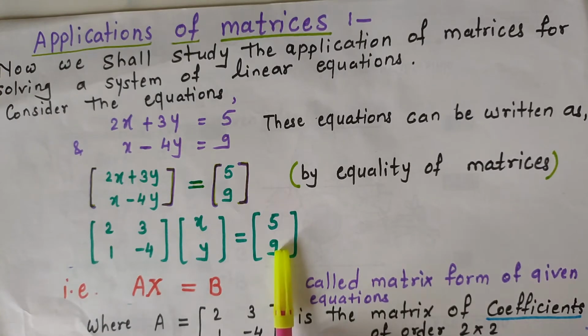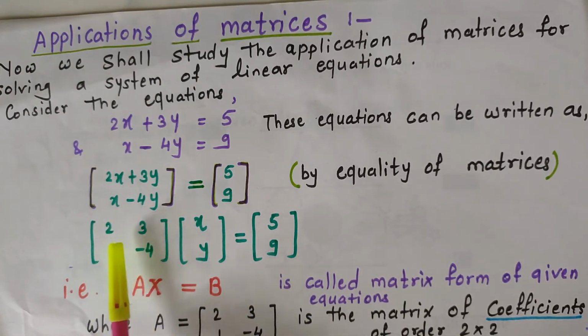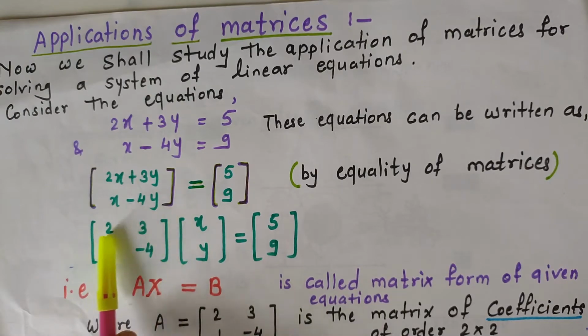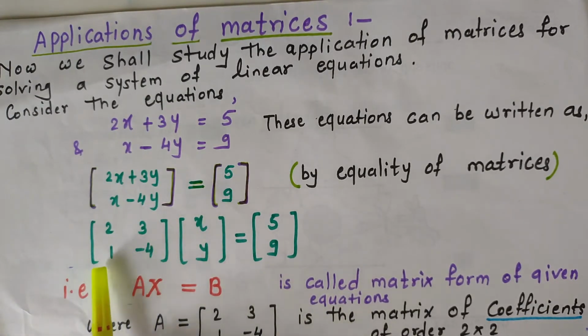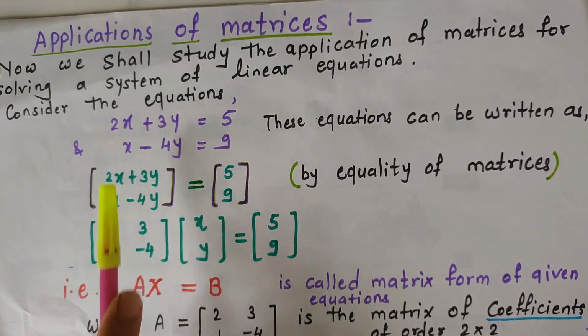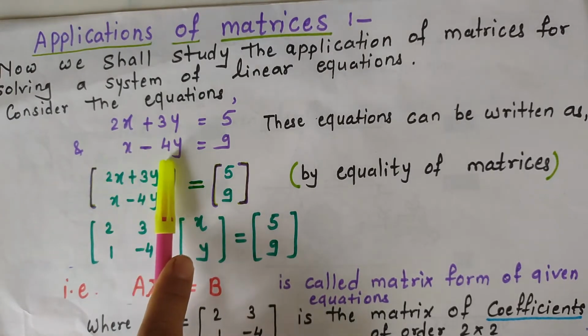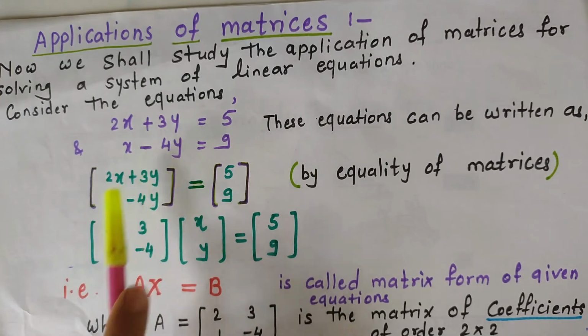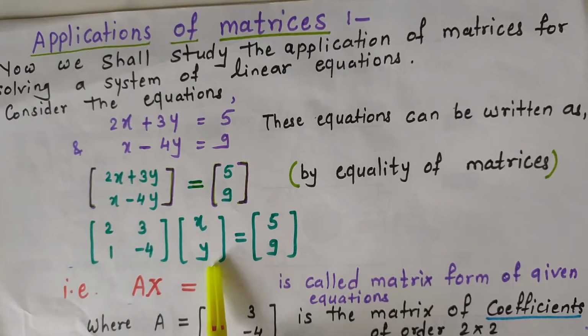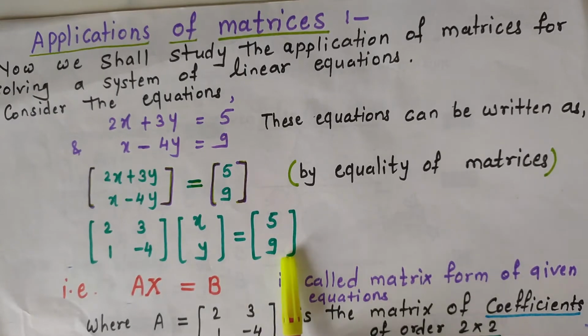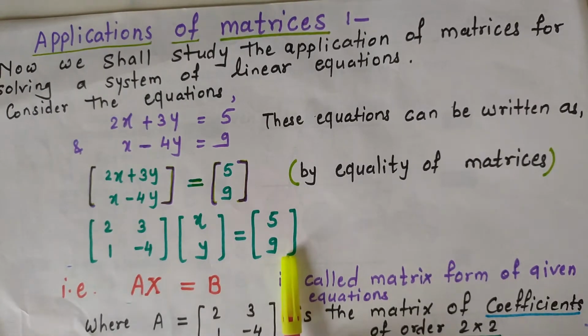of the equations. In this matrix, the first row is the coefficients of the first equation, 2 and 3, and the second row is the coefficients of the second equation, 1 and minus 4. This is the variable matrix, equal to the constant matrix.